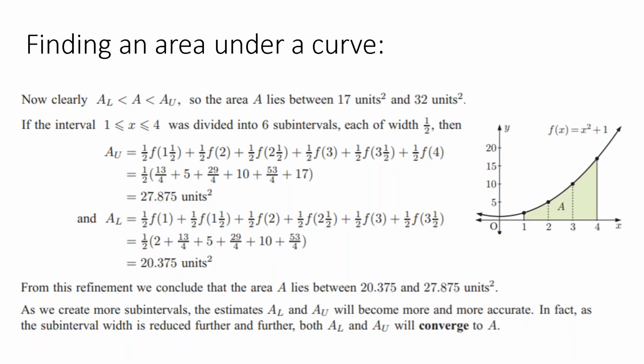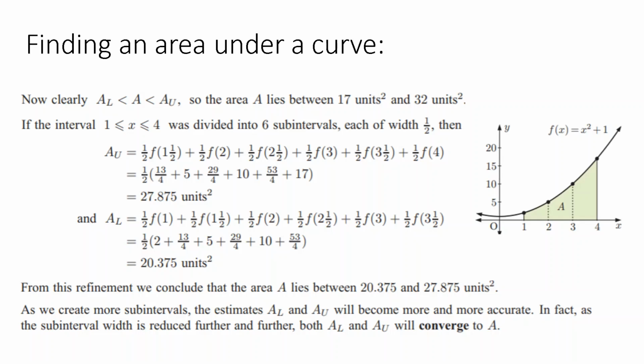Now you have to pay close attention to the math. We can see that the area of the lower rectangles is less than the actual area, but the area of the upper rectangles is more than the actual area. So the area lies somewhere in between 17 and 32 units.